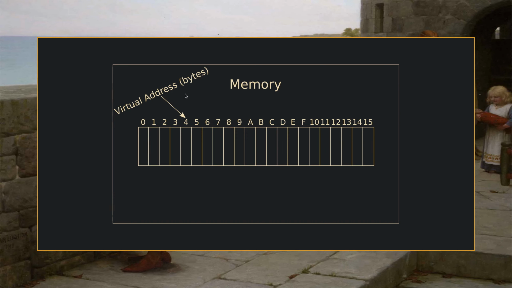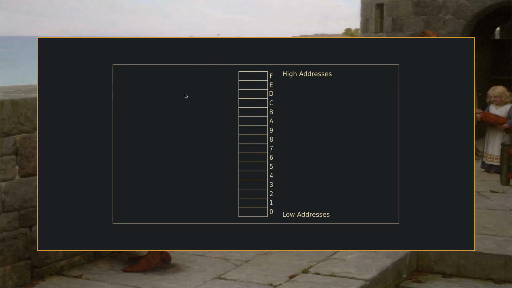Now, when we're looking at memory, particularly when we're talking about the sorts of things that we will be talking about in this series, this sort of diagram laid out horizontally like this is actually not usually how it's done. This is how I do it in, say, my introductory Python programming classes and things like that. But for us, we're actually going to look at memory stacked up like this, where the high address is at the top and the low address is down here at the bottom.